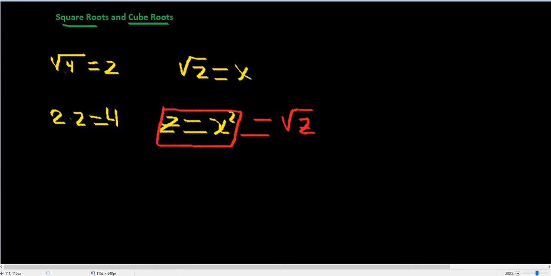Using that equation, we would figure out that 4 equals x squared, and something times something equals 4, obviously. So we would figure out that 2 times 2 equals 4.